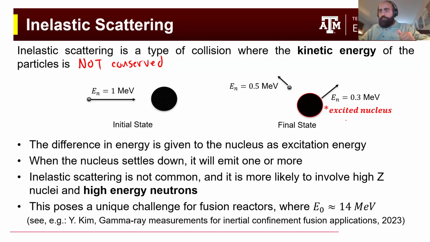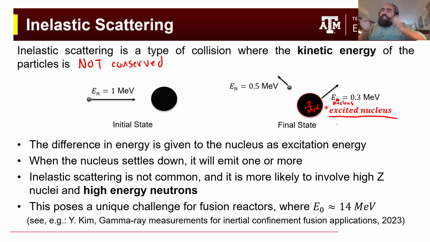In the case of an inelastic collision involving a neutron and a nucleus, the extra energy goes into the nucleus becoming excited. So if the initial energy is 1 MeV, and after the collision the neutron has 0.5 MeV, the nucleus has 0.3 MeV, and the remaining 0.2 MeV is contained within the nucleus as excitation energy.